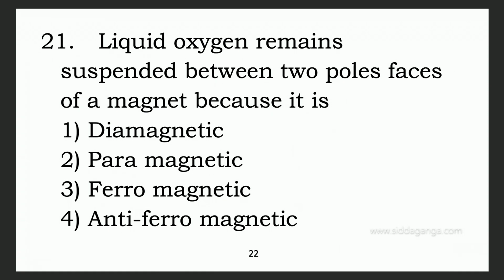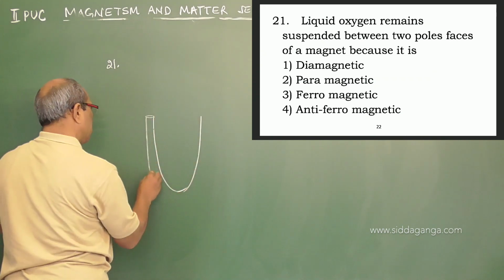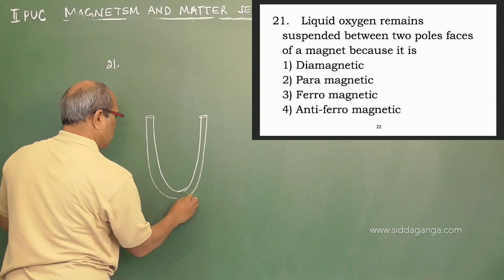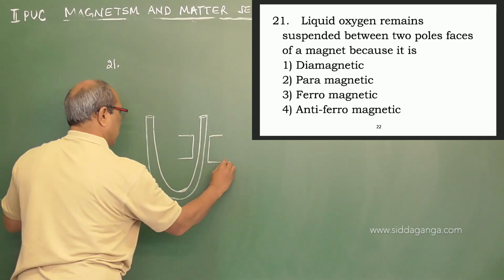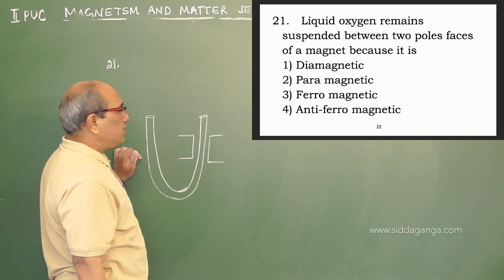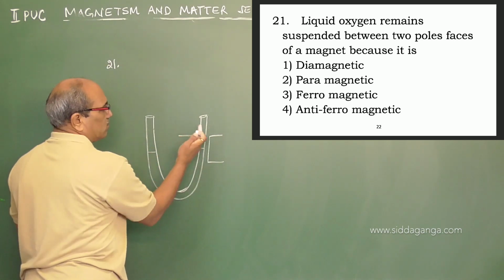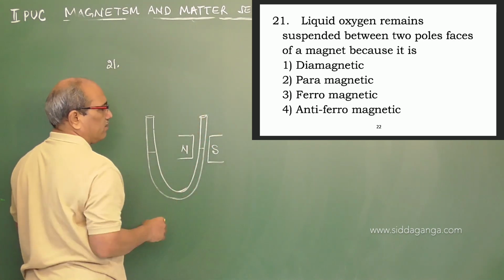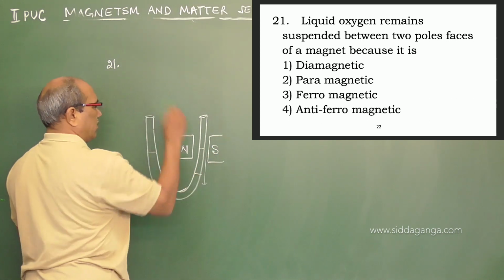Liquid oxygen remains suspended between two pole faces of a magnet because it is... In the discussion of the properties of magnetic substances, one thing I expressed to you: the substances which move from a weaker to a stronger region may be paramagnetic or ferromagnetic. If the substance moves from a stronger to a weaker region, we call it diamagnetic. Usually the level is maintained at the center and one of the limbs is placed in between the pole pieces of the magnet. If you take a diamagnetic, the level falls very down; in the other case, it rises very high.